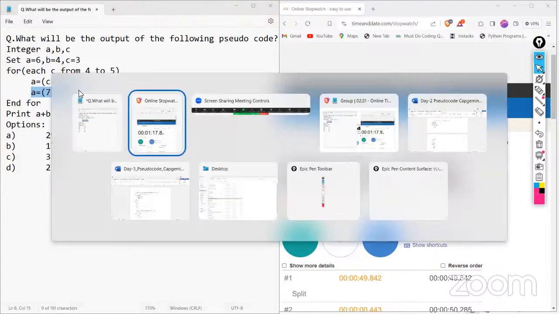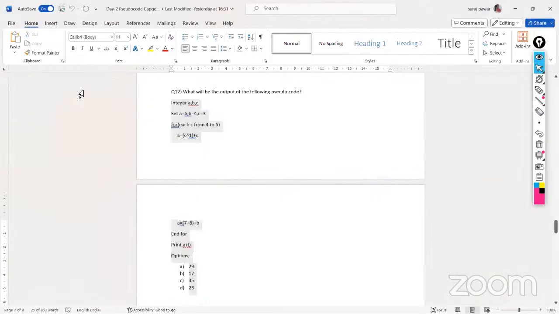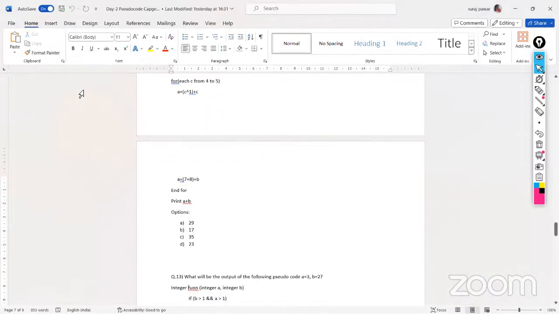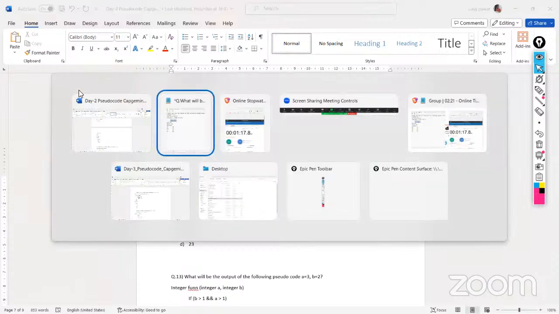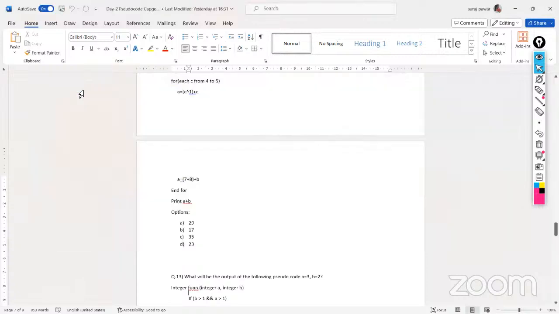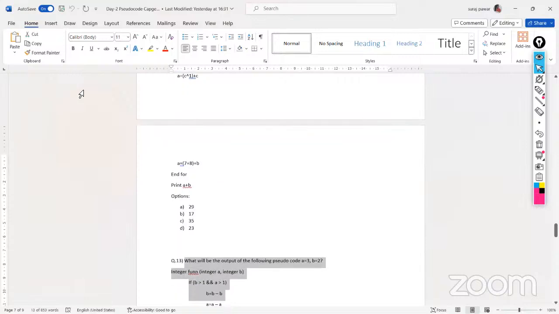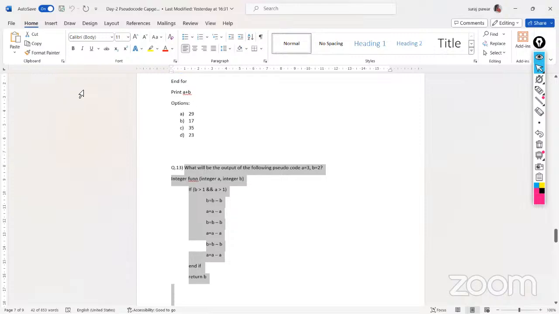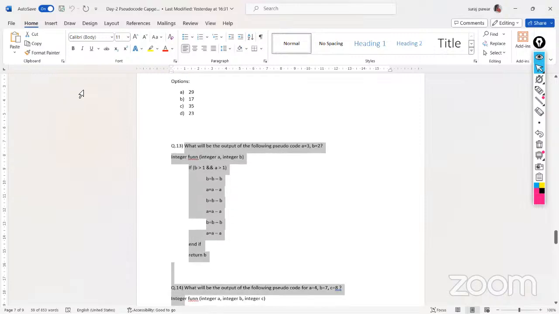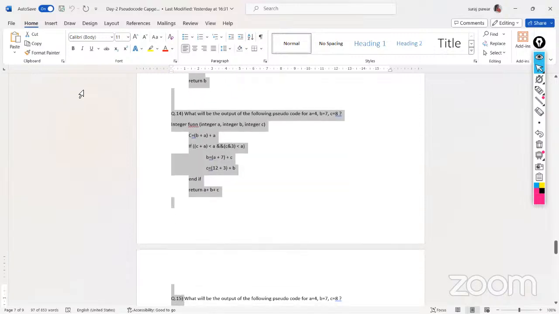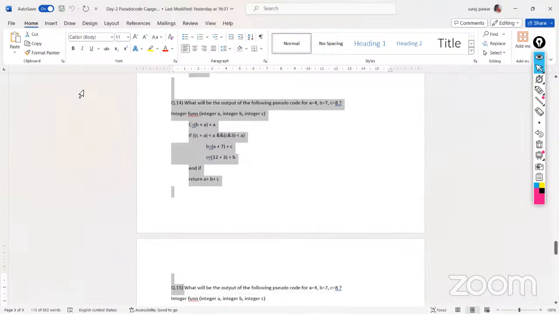Okay, now let us shift to one more question. Okay guys, now let us shift to the level 3 questions. I will explain what these questions are all about, how they are going to come, and what you are going to write as an answer. Let me check the options.